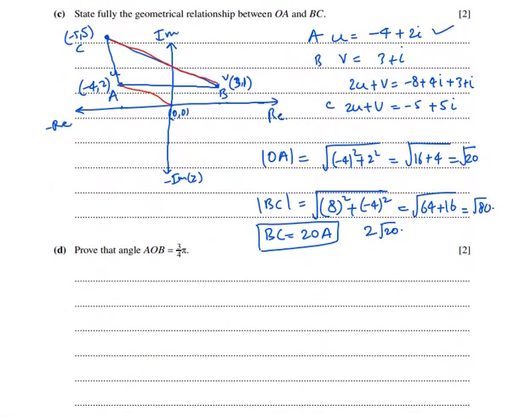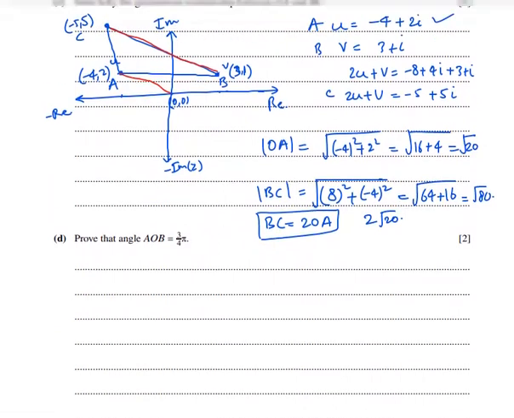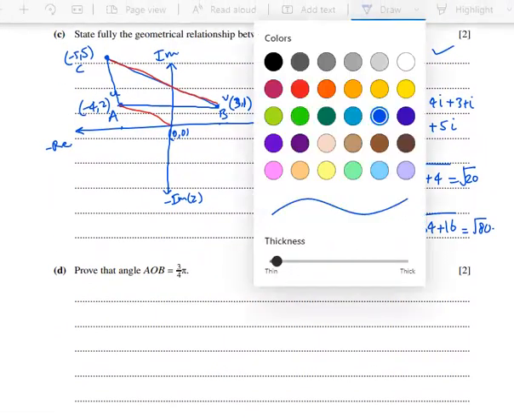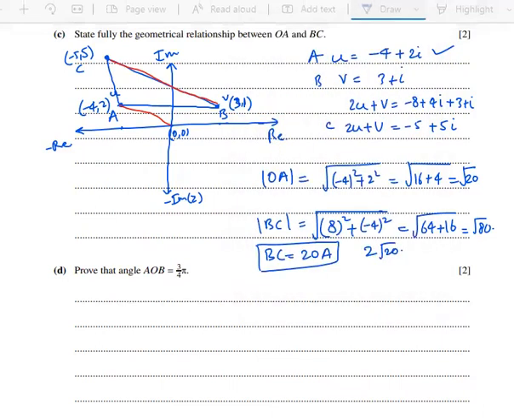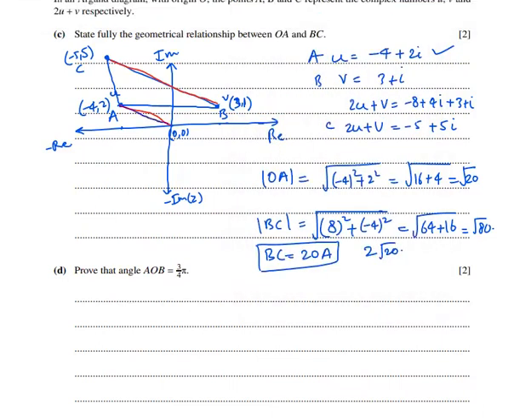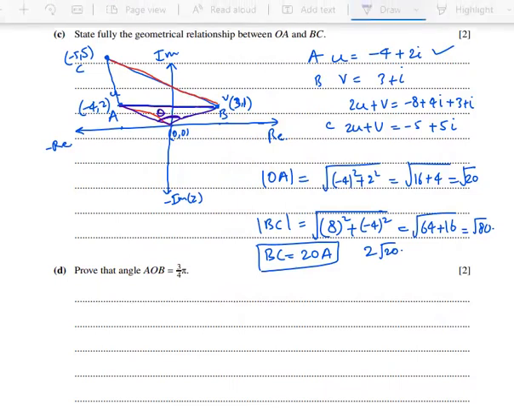All right. Next thing, prove that the angle AOB. So which angle? Angle AOB. So where is angle AOB? This is angle AOB, theta. So this angle we have to prove to be 3π/4.